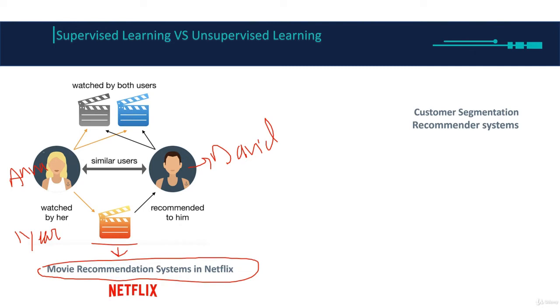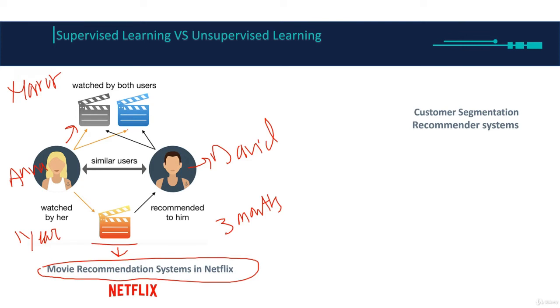And let's say Anna always watches horror movies and TV shows. David has been subscribed for only 3 months, and David is like, whatever new TV shows or movies come out, I'm going to watch them.